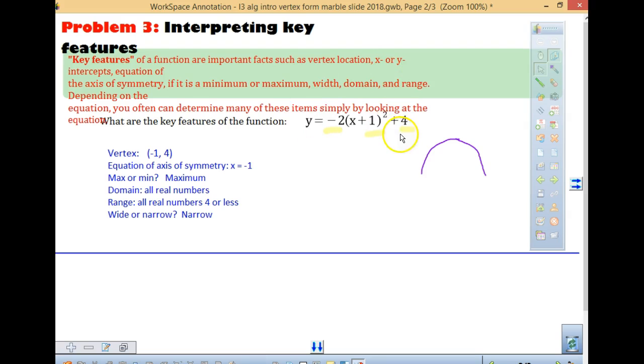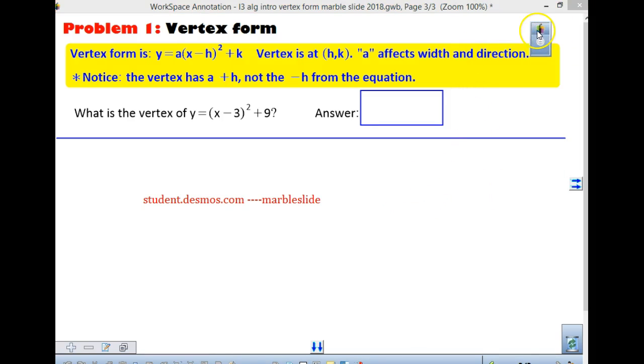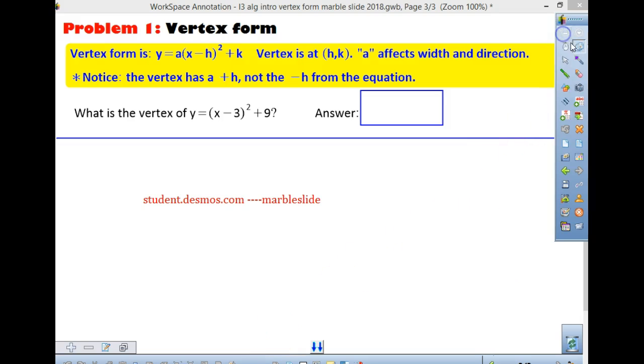So from that equation, here is the last thing that I'm going to have you put in your notes when you work on the marble slide. Vertex form. So you already have this equation. I want you to write right behind it that the vertex is (h, k).